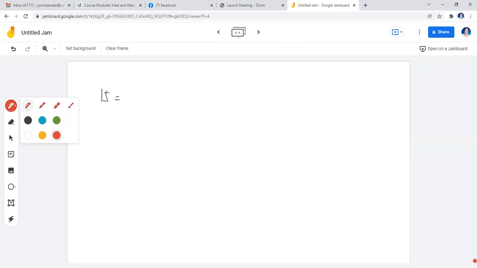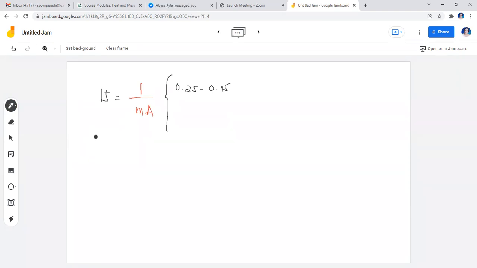Okay, so you have 1 over MA here, and we'll substitute now values. So in this case, you will have 0.25 for the initial, 0.15 for the critical moisture content. And in the denominator, we have the critical moisture content again, minus the final moisture content.